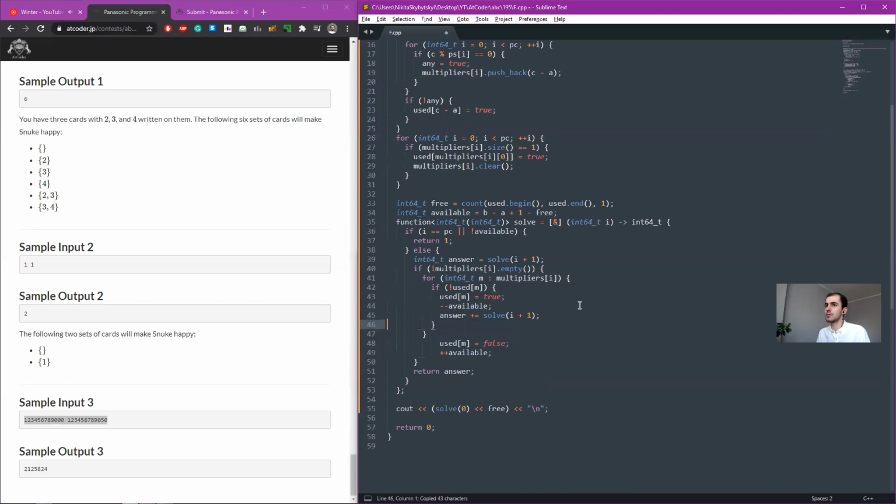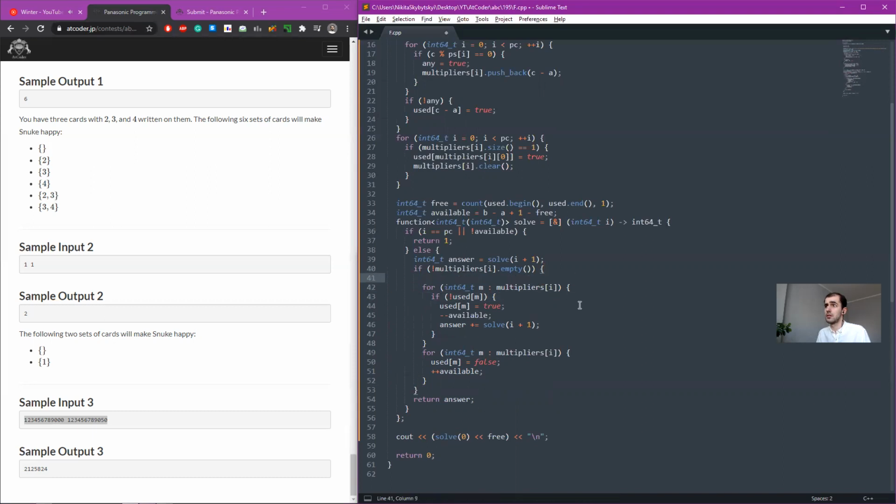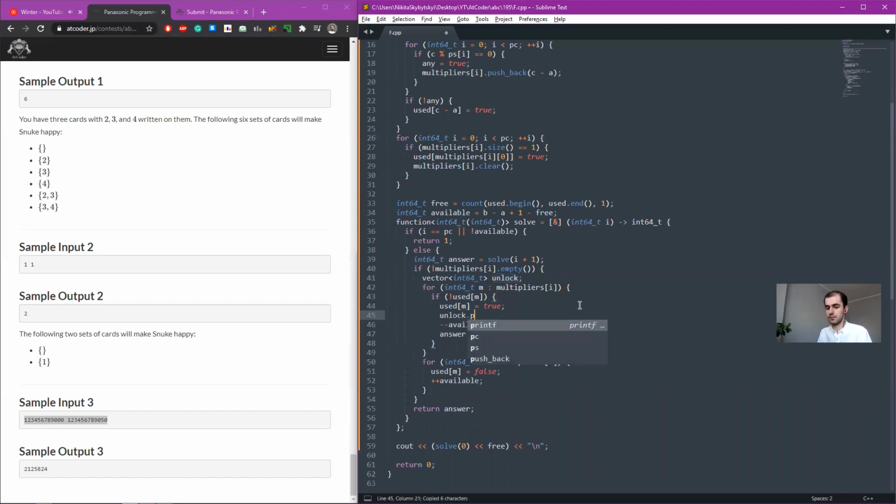I should unlock them at the very end. Only unlock the ones that I have to unlock. Not this one.